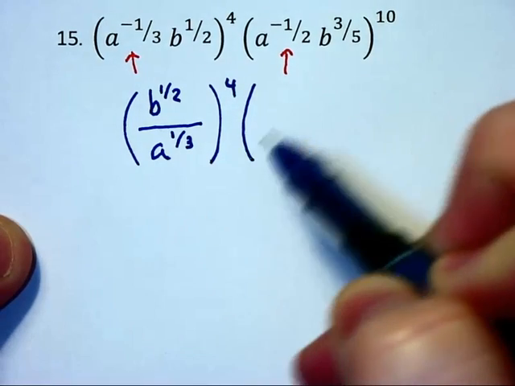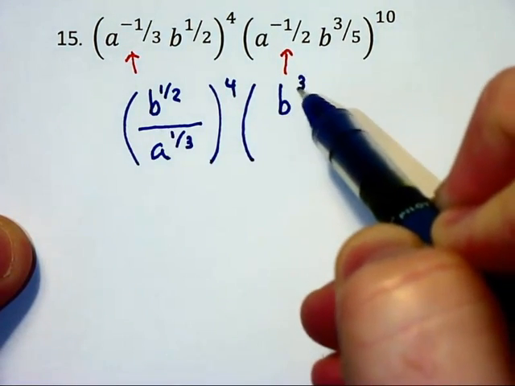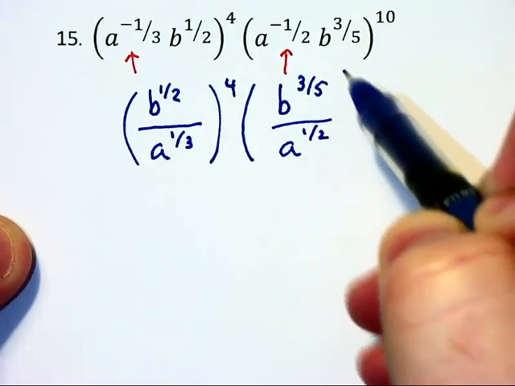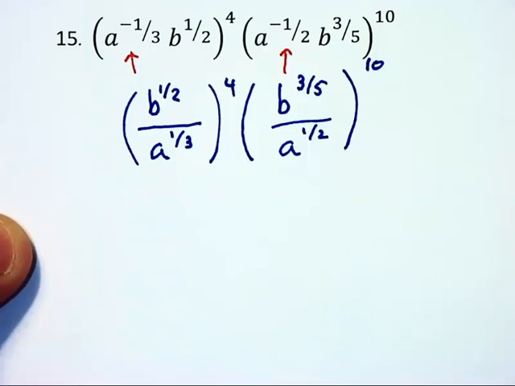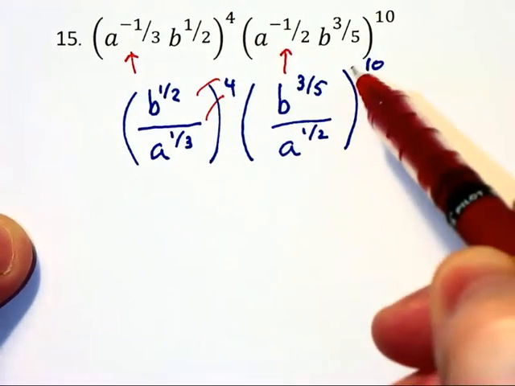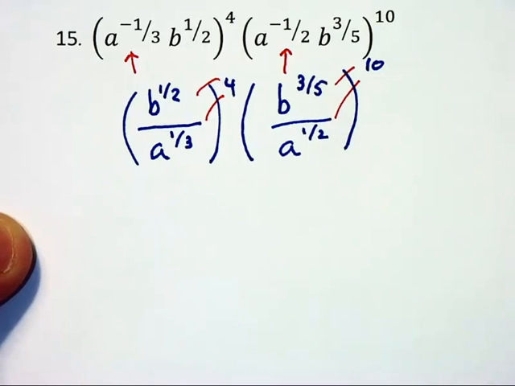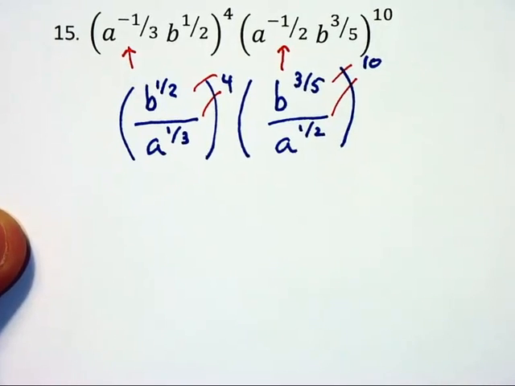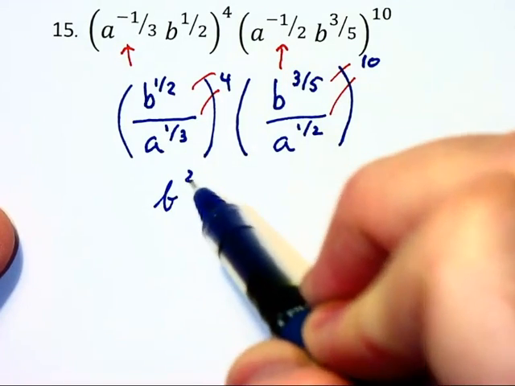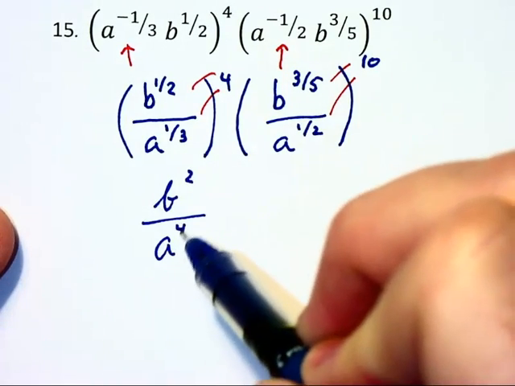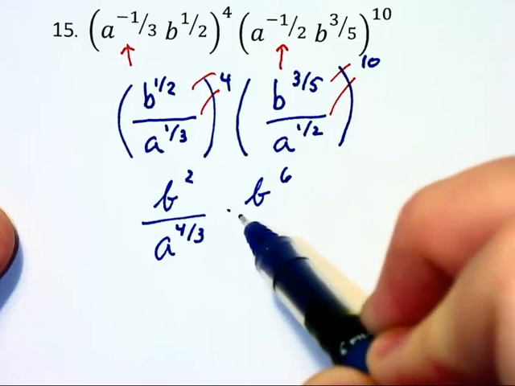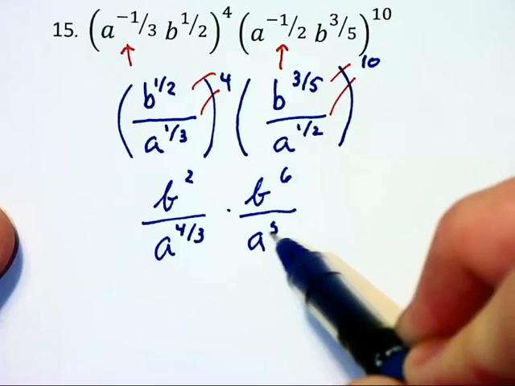And the second one becomes b to the 3/5 over a to the 1/2, all to the 10th. Then I'm going to apply the outer exponent to the entire parentheses, raising both the numerator and the denominator, multiplying exponents as I go. So this is going to give me b squared over a to the 4/3 times b to the 6th over a to the 5th.